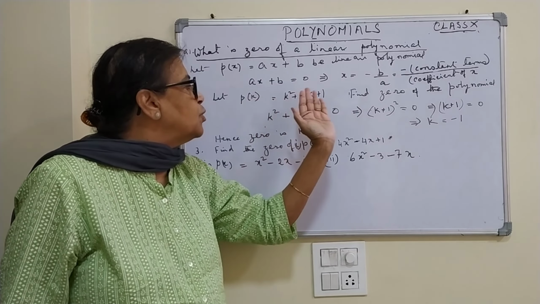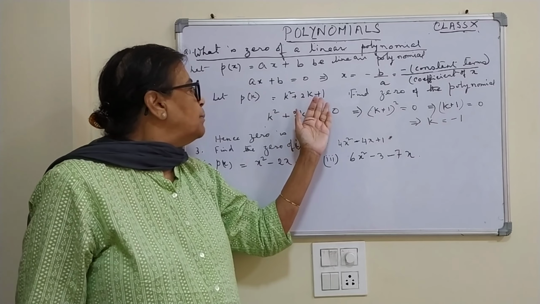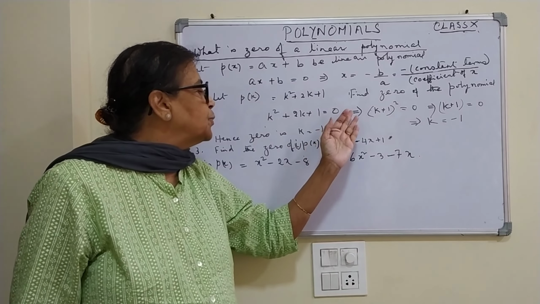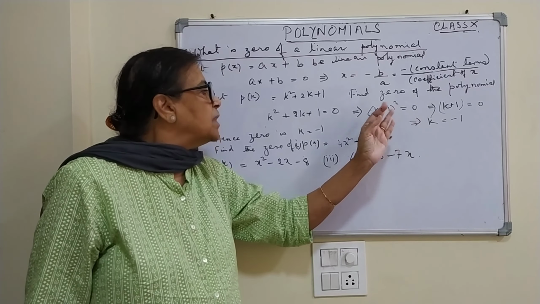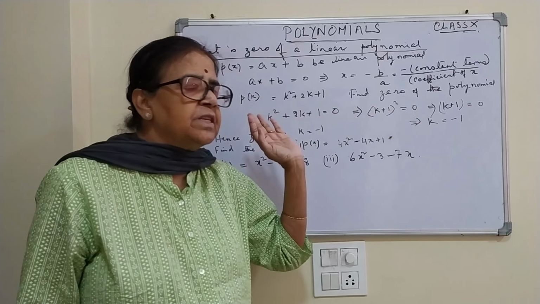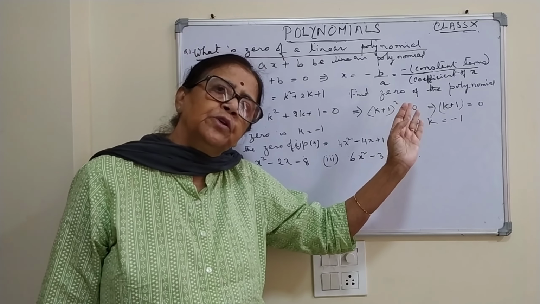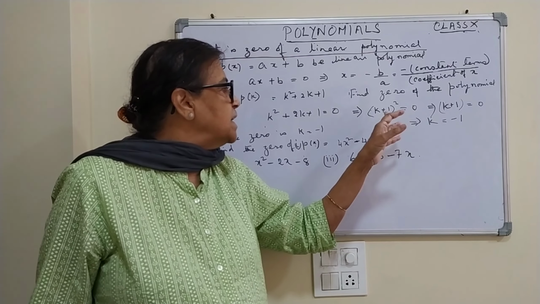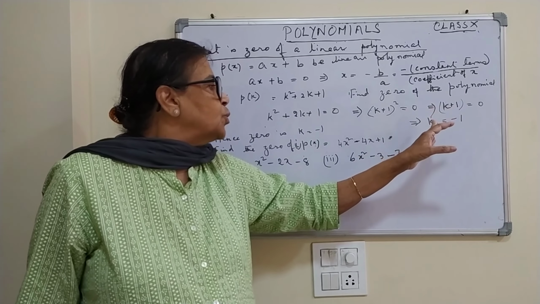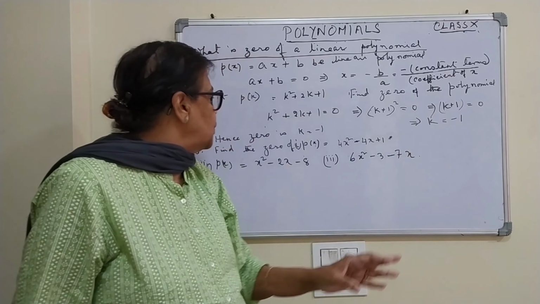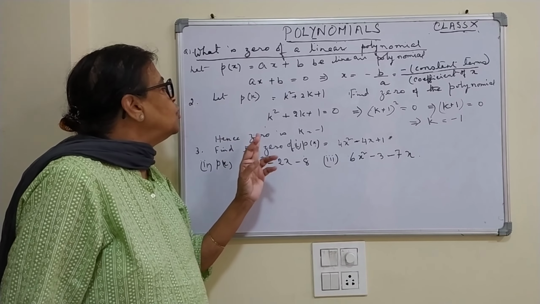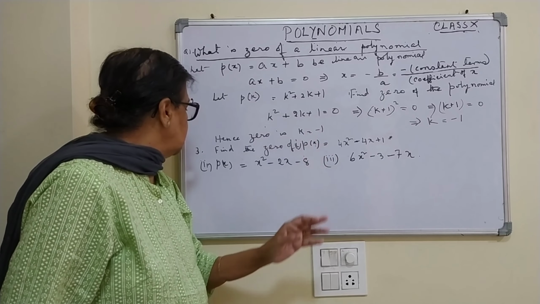I take the square root of both the sides. Since it is 0, square root of 0 is 0 only, and it is k plus 1. So therefore k is equal to minus 1. Hence zero is k is equal to minus 1.